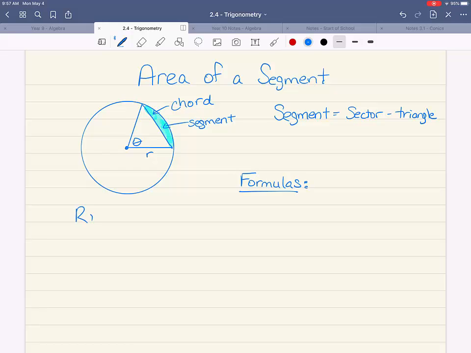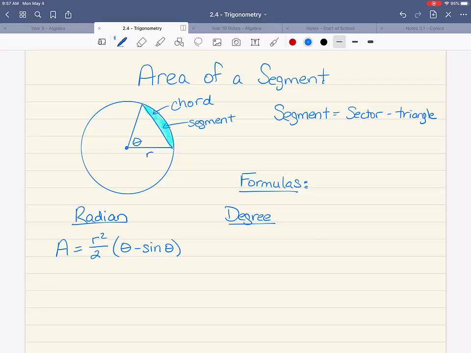So the radian formula I'm going to put over here, and the degree formula I'm going to put over here. The radian formula is area equals r squared over 2 times theta minus sine of theta.